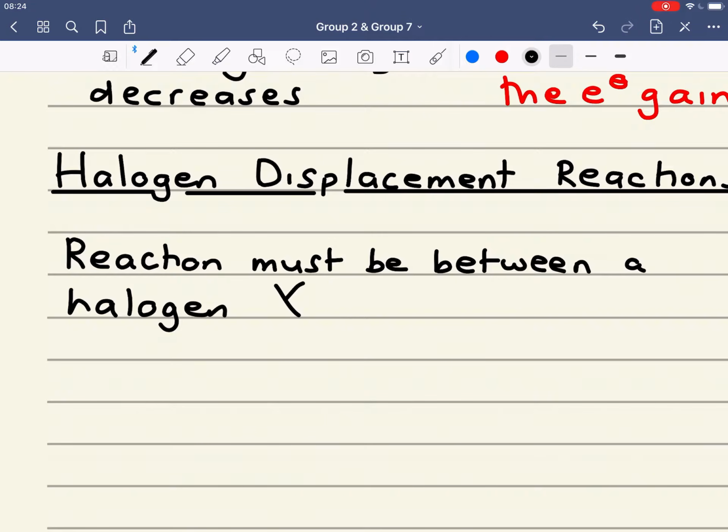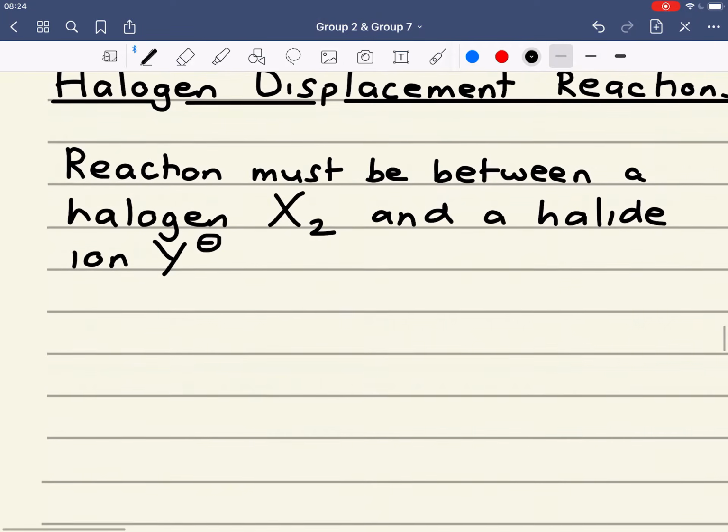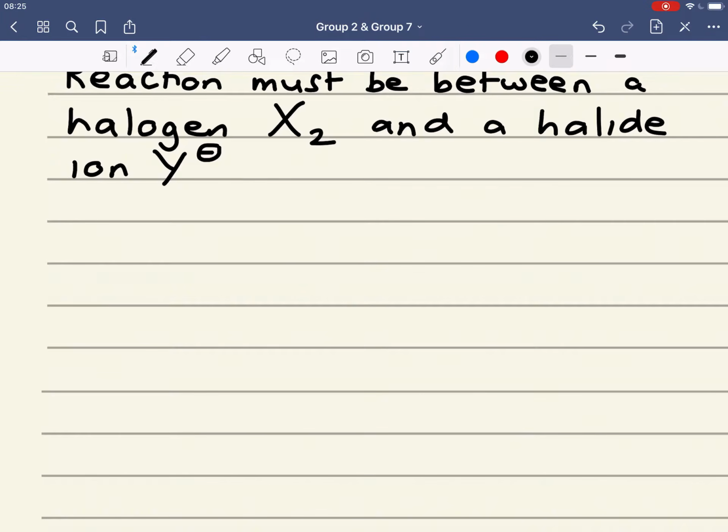So I'm going to call my halogen X2 and a halide ion which I'll call Y minus. Now, Y and X are both halogens, different halogens. In one case, the halogen has got an electron in the form of a halide ion. Now, if this reaction is to occur, then it occurs according to the following equation.